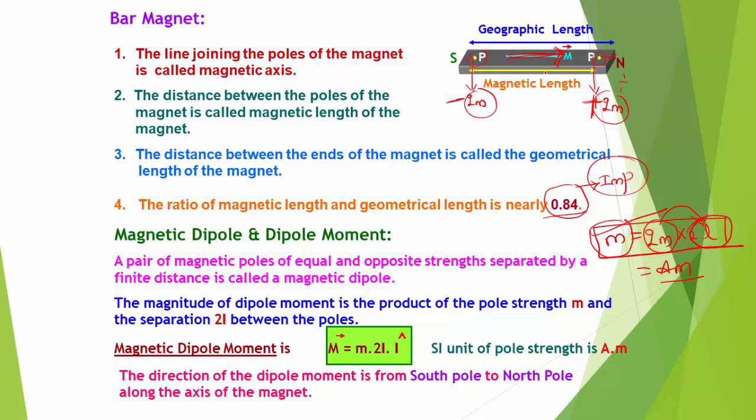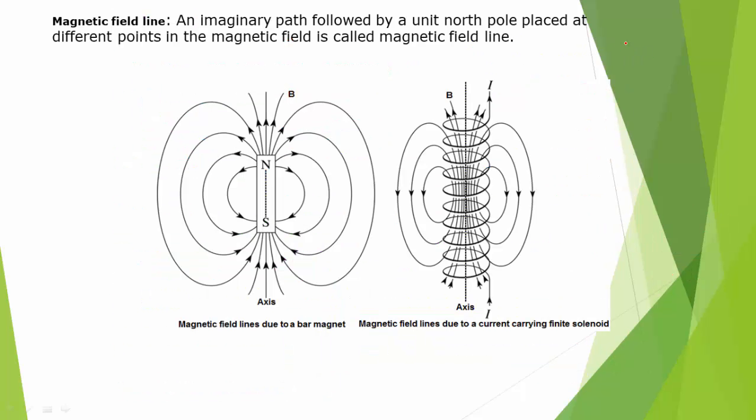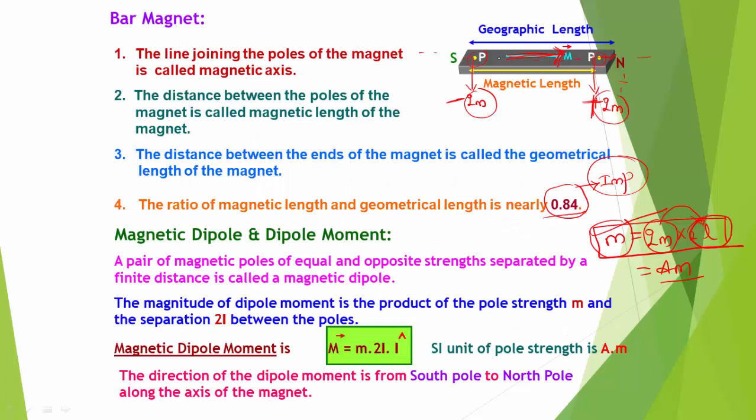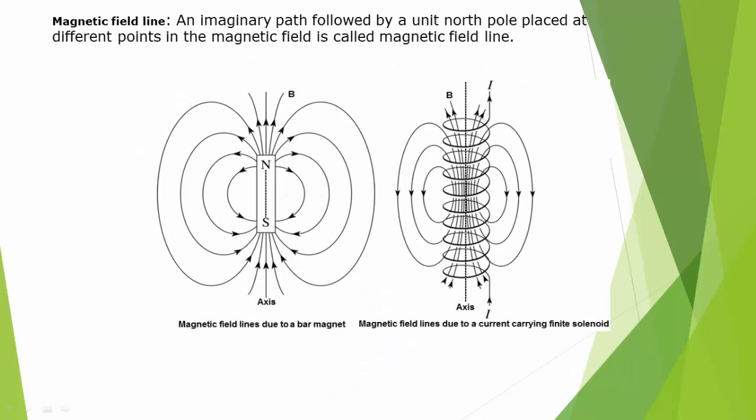Any magnet suspended freely always lies geographically north pole to south pole, we say. But the direction of the dipole moment is always from south pole to north pole along the axis of the magnet. This is the axis of the magnet. Okay.